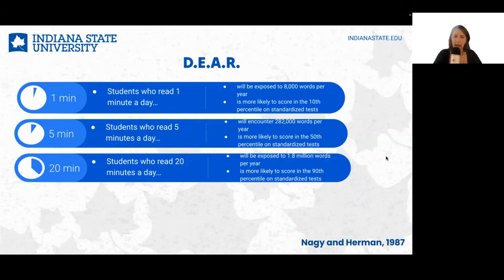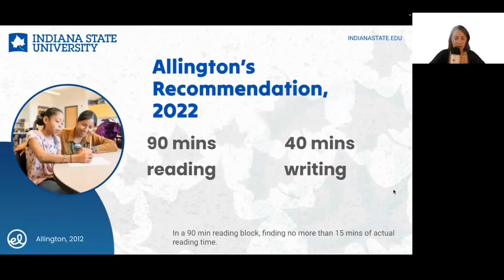So if we set our goal at 20 minutes a day of reading, this will also help build that reading fluency. Richard Allington, a reading researcher, recommends 90 minutes of reading a day, across all day, across all subject areas, and 40 minutes of writing. And that writing is real writing, composition type writing.